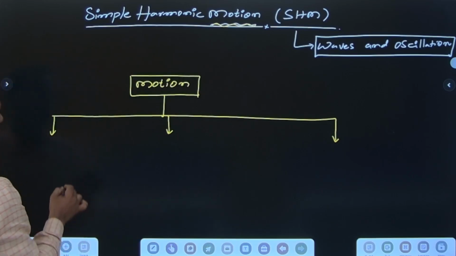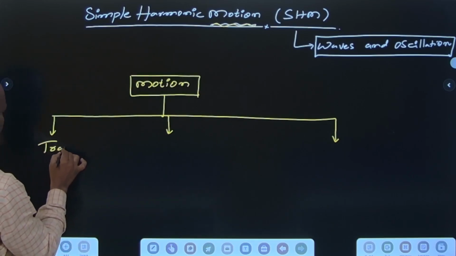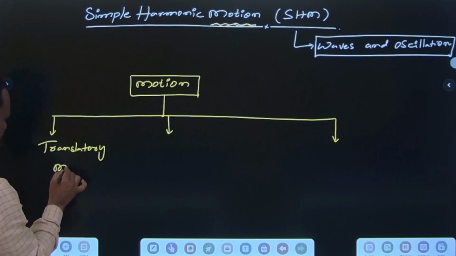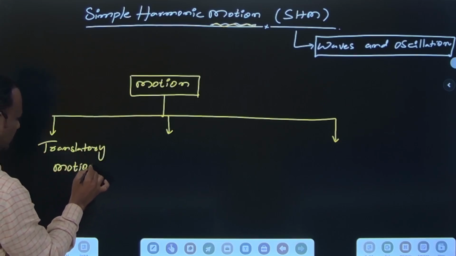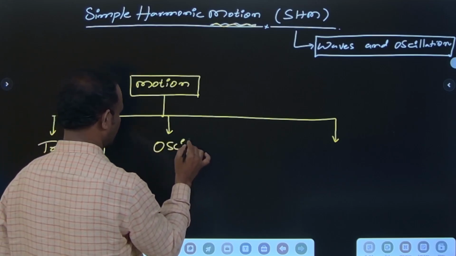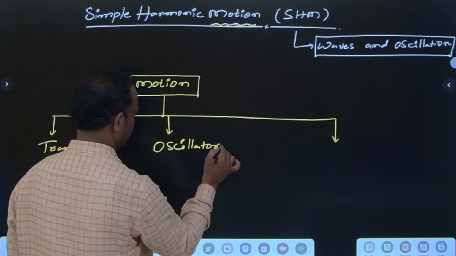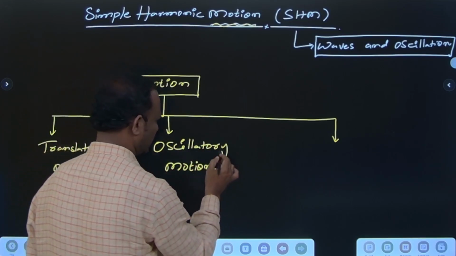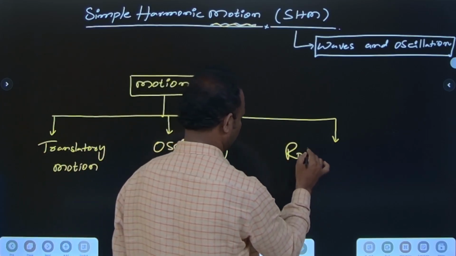First one is translatory motion. Next one is oscillatory motion. Next one is rotatory motion.